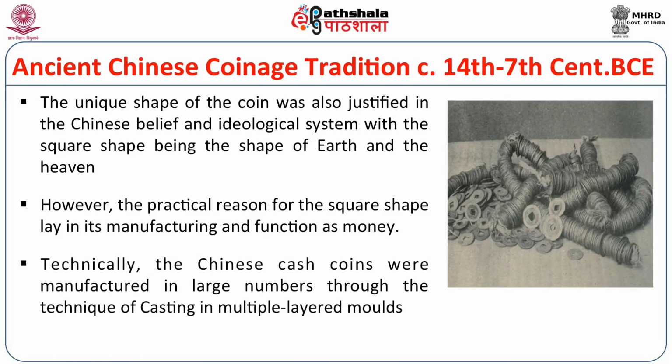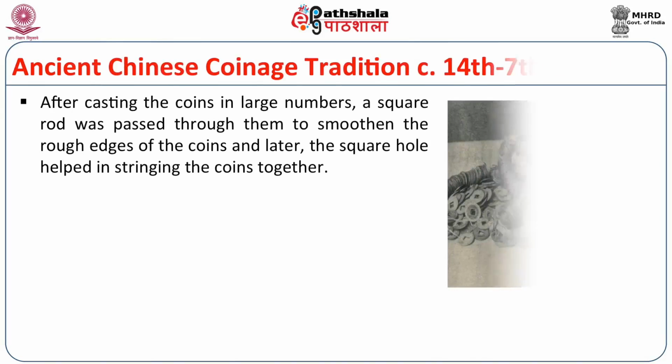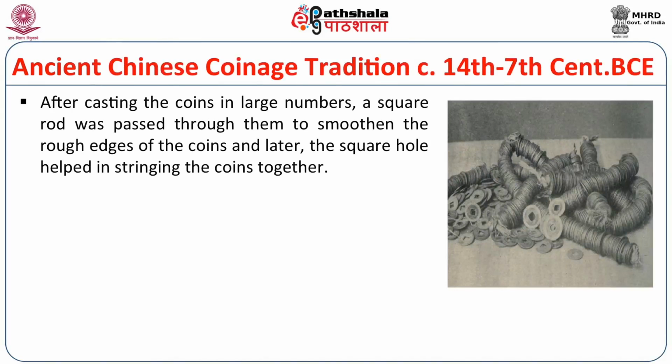Technically, these coins were made through a casting technique involving multiple layer molds. If you see the previous slide, you'll see what is termed the Chinese tree, where various coins like these are united by a common thread of copper, leading to the term Chinese tree.